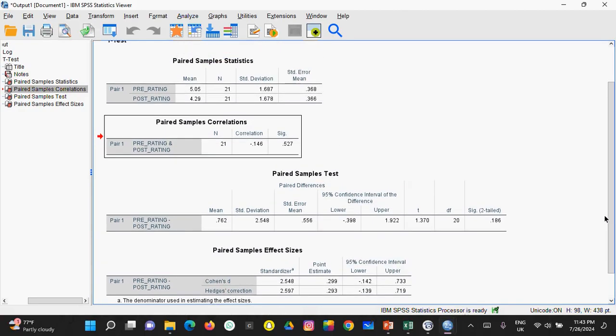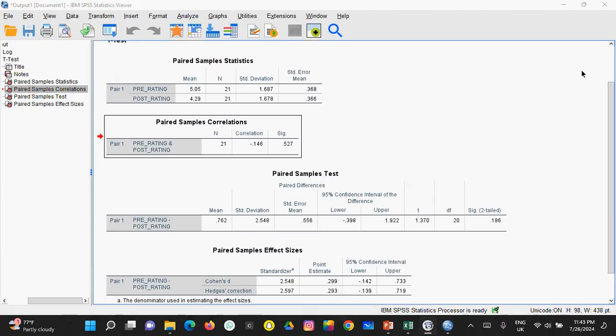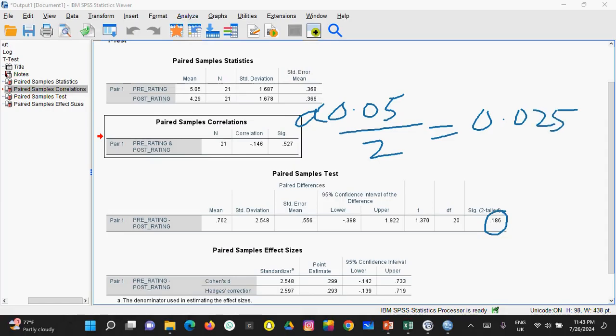Now let's talk about the p-value. Remember our normal formula that we use for either rejecting or accepting the null hypothesis, right? And here, p-value is 0.186, and alpha is 0.05, right? But since it is a two-tailed test, we are going to divide alpha by 2. So we are going to get 0.025, and we are going to compare this to the p-value.